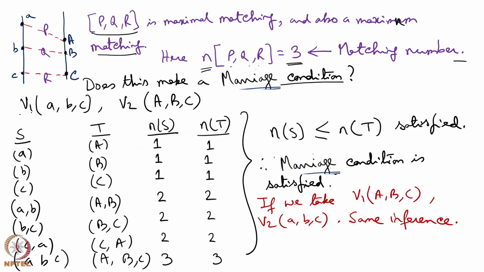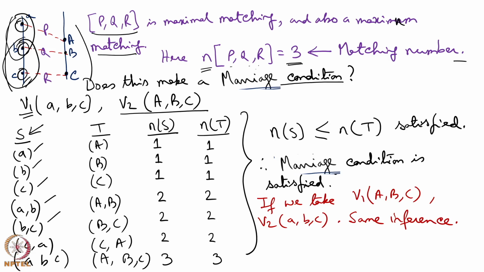Now, let us start. Consider the V1 set of vertices A, B, C and the V2 set of vertices A, B, C. Now, we will create the S column. So, A, B, C, then A and B together, B and C together, C and A together, and then all of them taken together A, B, C. Now, T we will construct.